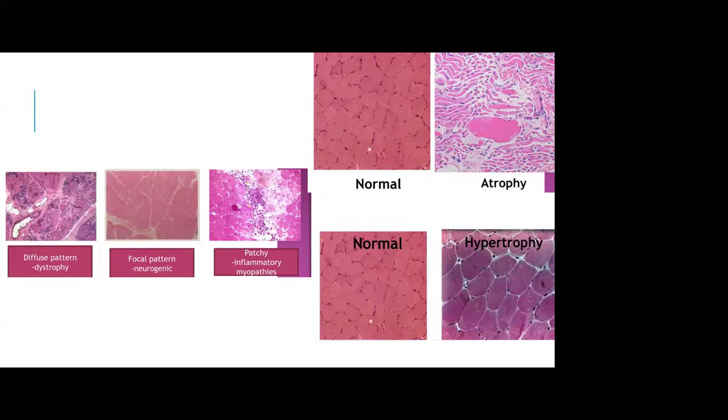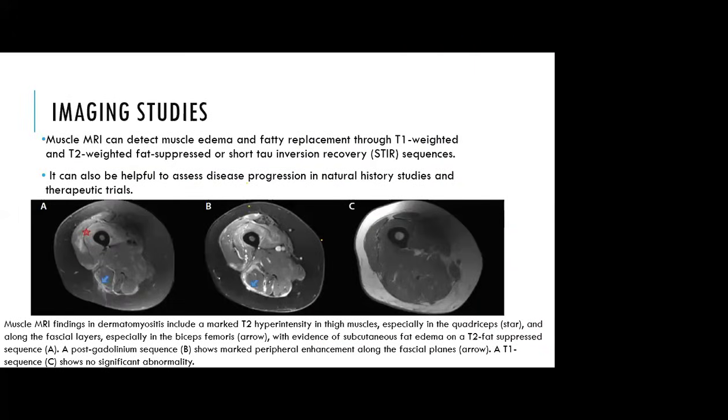Muscle imaging shows atrophy and hypertrophy, and muscle edema and fatty replacement through T1-weighted and T2-weighted fat-suppressed or STIR sequences. It can also be helpful to assess the natural disease progression. This image shows dermatomyositis in the thigh muscle, where there is involvement along the fascial layer.